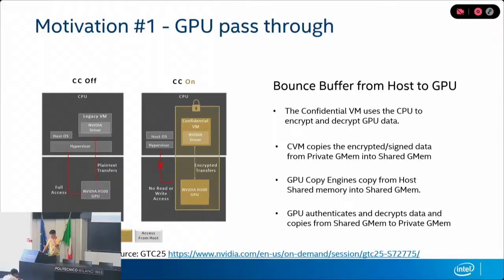With this mode enabled, the confidential VM can establish some encryption key with the GPU, and then it can encrypt its data and put it in the shared memory. Then the GPU can read the encrypted data, decrypt it and process it. So in this way, the data you shared with the GPU and some model IPs are secured, so not accessible from the host.